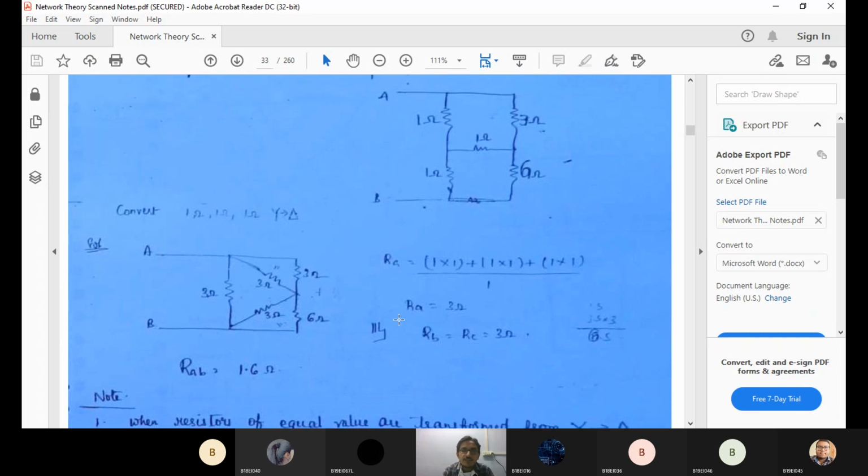To reduce this circuit effectively, this 1 ohm, 1 ohm, 1 ohm is like a star. We can make it into a delta connection so that another 3 ohm is just connected in parallel to this. Like that, we can make series parallel combinations comfortably.